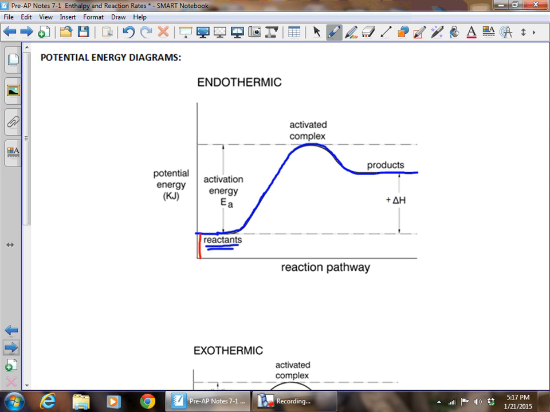This original from zero, if we call this zero, whatever that distance is there, that's the potential energy of the reactants at that point. Over here, the distance from zero up to where the products end up is the potential energy of the products.